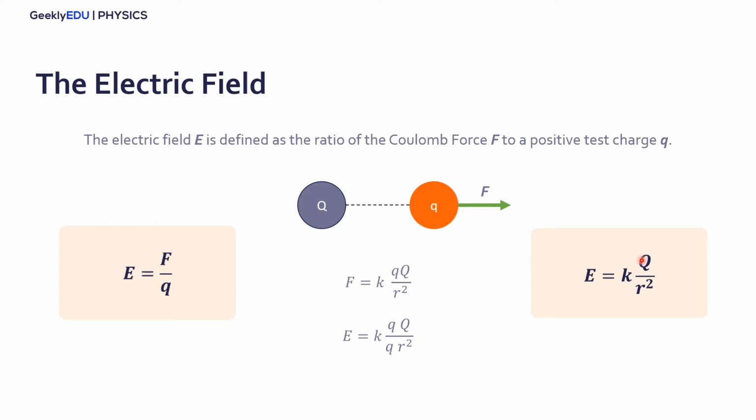It does not depend on the test charge; it depends only on the charge you are interested in. So the electric field is the constant K times the charge you want to know the field of, divided by the distance squared.